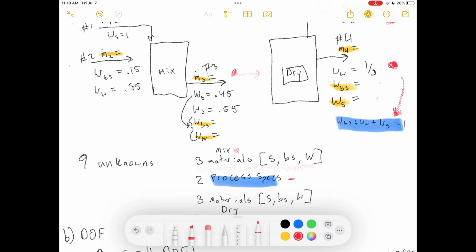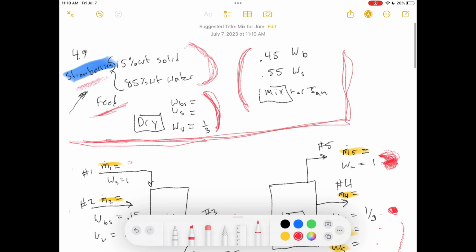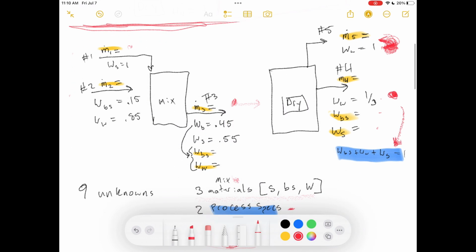The other process specification we need to use is that the strawberries are 15 weight percent solids and 85 weight percent water. That comes into play here when we need to calculate the weight of berry solids and the weight of water in the exit of the mixer stream.